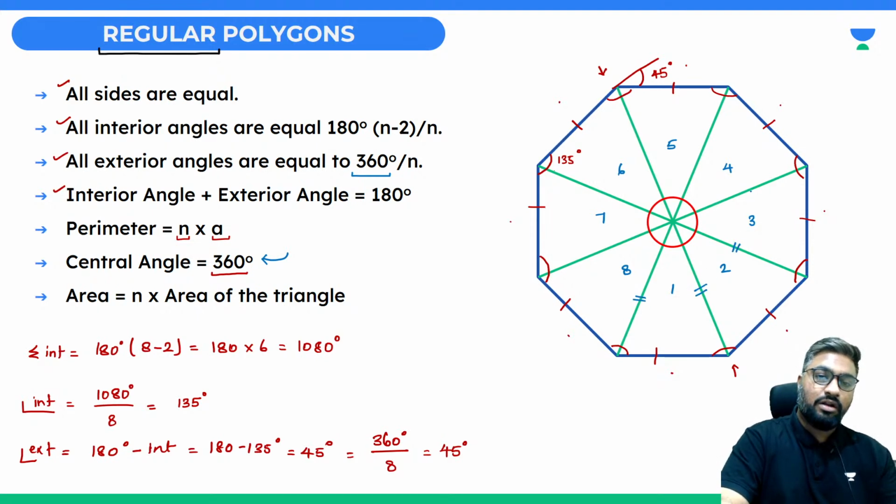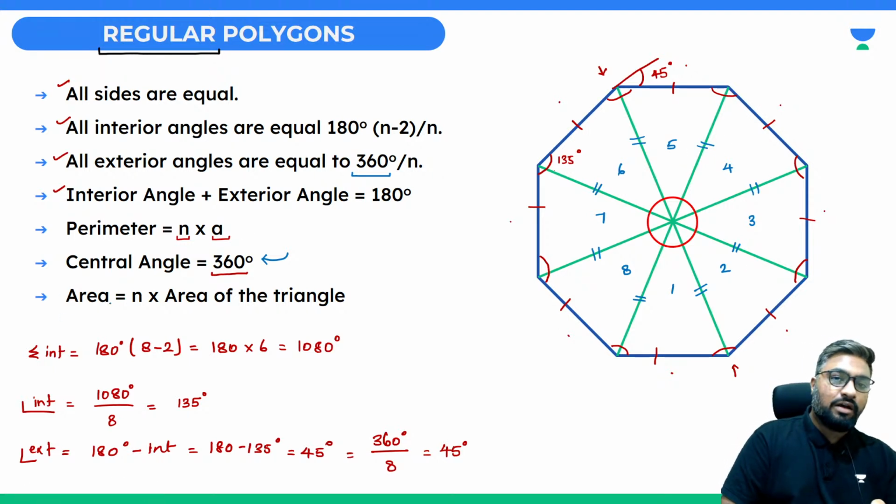Same way, all of these half diagonals, diagonally opposite lines, not any random diagonals, are all equal to each other. So you form an isosceles triangle. Are you able to notice this, guys? So if you can find out the area of one isosceles triangle, then you can find out the area of all the 8 of them, ultimately finding out the area of this octagon.